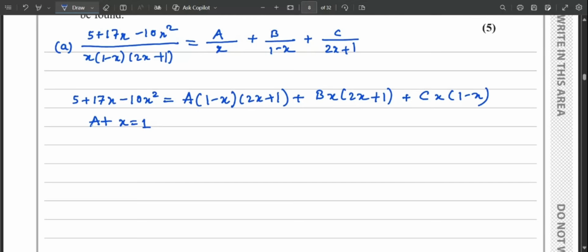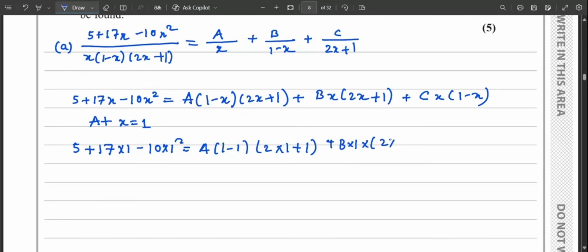So at x equals 1, I will substitute x into our full expression. So 5 plus 17 into 1 minus 10 into 1 square is equal to a into 1 minus 1 into 2 into 1 plus 1, plus b into 1 into 2 into 1 plus 1, plus c into 1 into 1 minus 1.